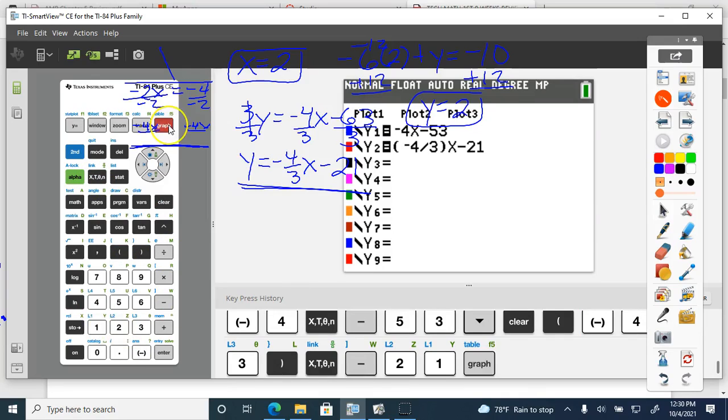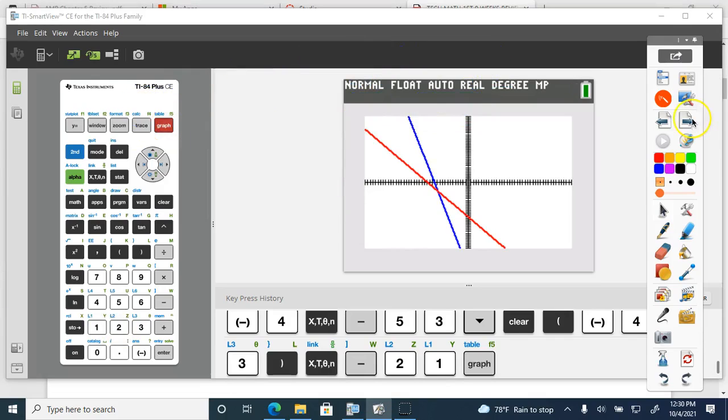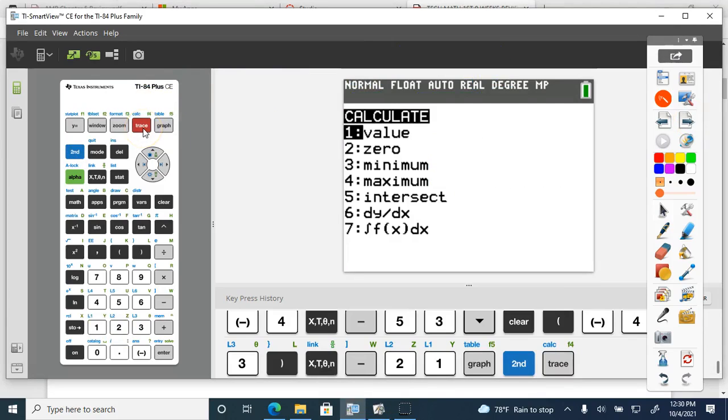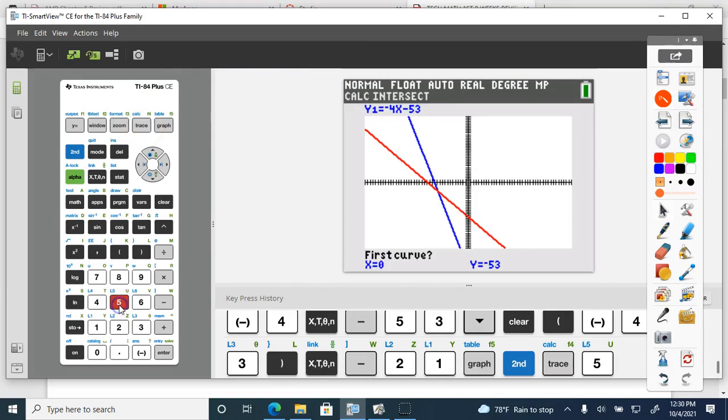And hit graph. And then what do you do? You get the intersection? Second, trace. Number 5. Enter, enter, enter. -12, -5.